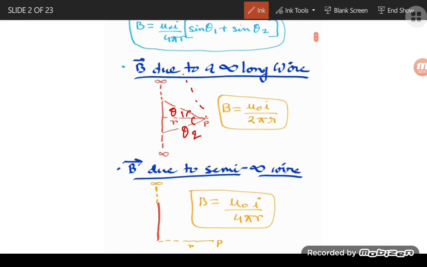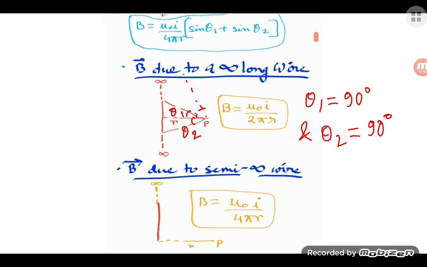So we can say this angle is closely becoming 90 degrees. So theta 1 equals 90 degrees and theta 2 equals what? 90 degrees. Putting these two angles in the place of sin theta 1 plus sin theta 2, it comes to be mu naught I times 2 upon 4 pi r. So 2 and 4 get cancelled and the remaining formula becomes what? Mu naught I upon 2 pi r.